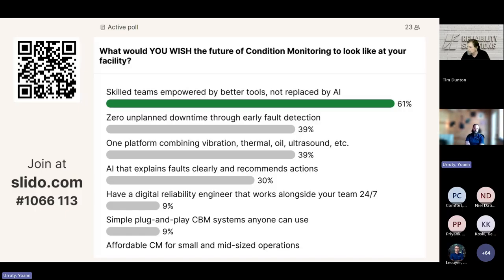It will be a force multiplier, but we need to empower the teams with the right skills and knowledge. I agree with that. The technology in general, not just AI, but all of these tools, all of these technologies should not be seen as ways to replace the human input.